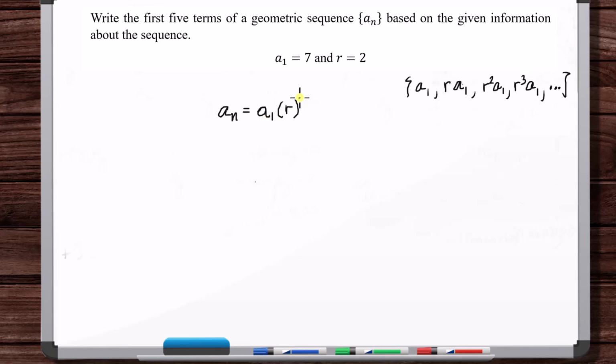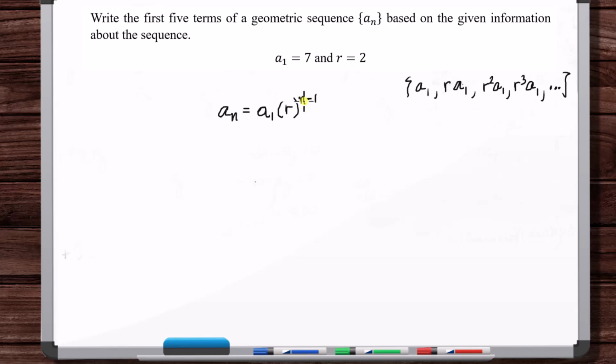Then r needs to be raised to the 0 power to give you a 1, then 1 times a1. So if we're starting at 1, make sure the exponent goes to 0 for n equal to 1, and then n equal to 2, it's r to the 1. N equal to 3, and so you could see how, for any starting integer, you could just write this out.